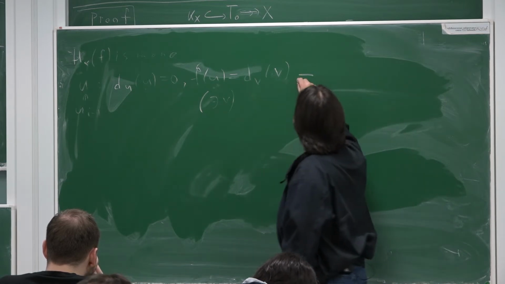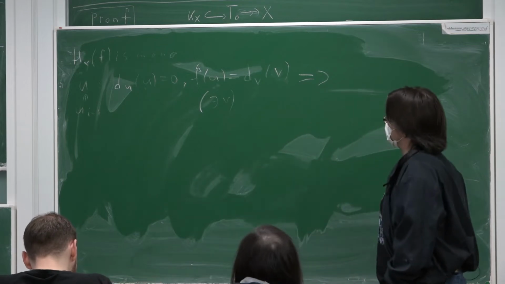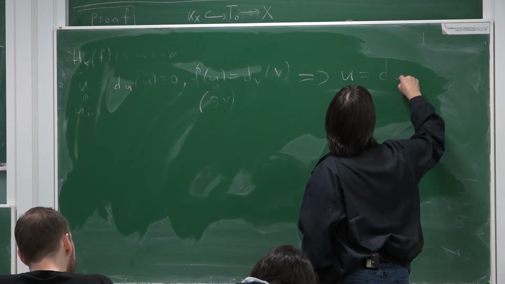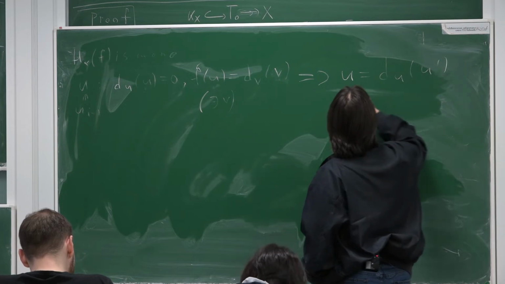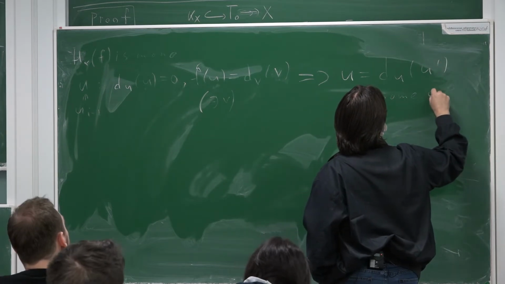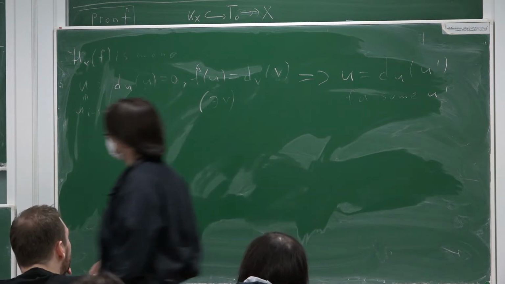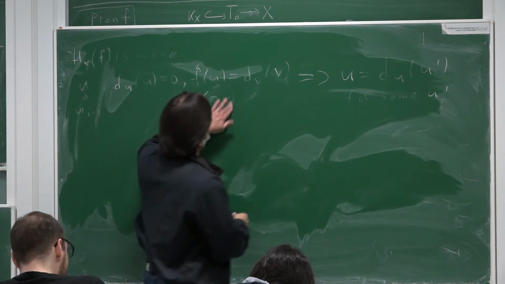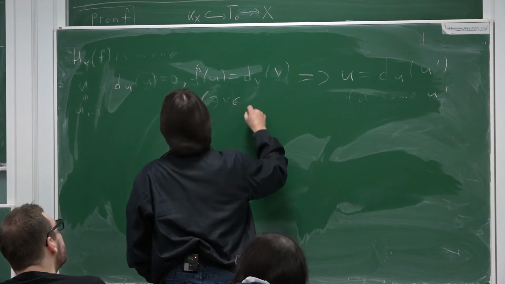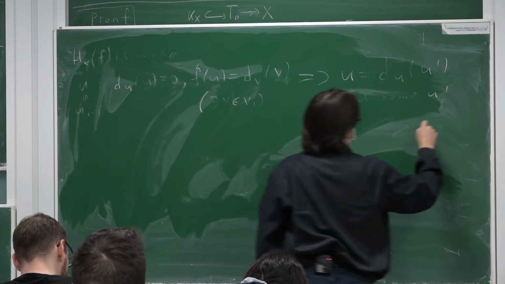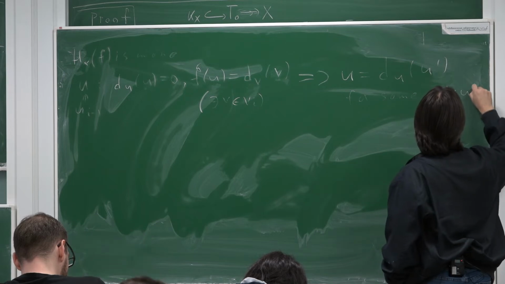Then u has to be 0 in homology, so u equals du of u prime for some u prime. Yes. So here v is from V_i. Here u prime is from U_i.